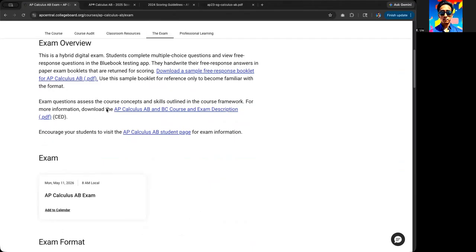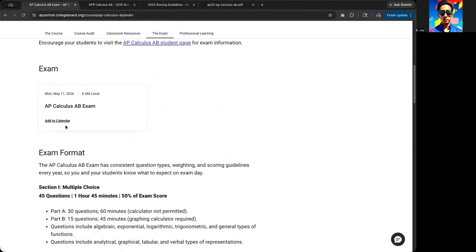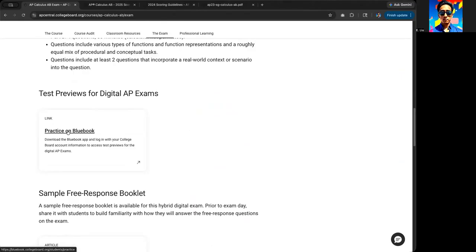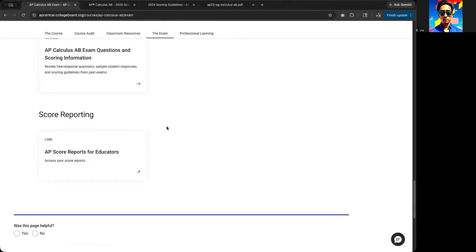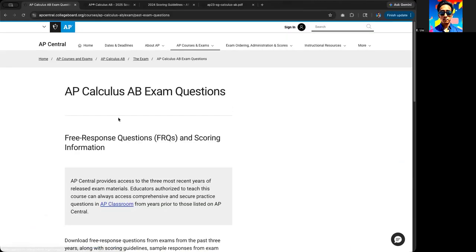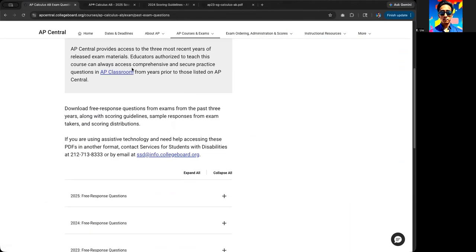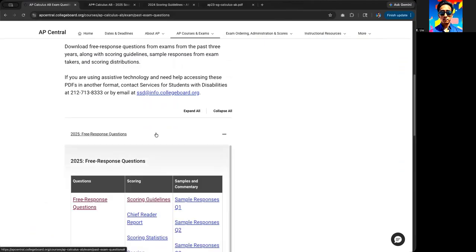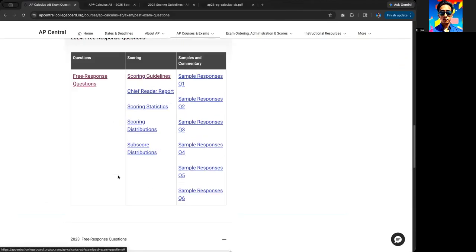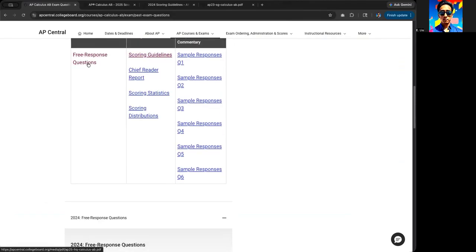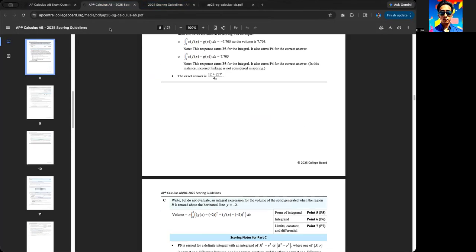You do have some of the free booklets that they give you, but if you go far down enough in here, you do have Calculus AB exam questions, FRQs. You have these expandable ones down here where you can go and check out each of these PDFs that they have to share for you.